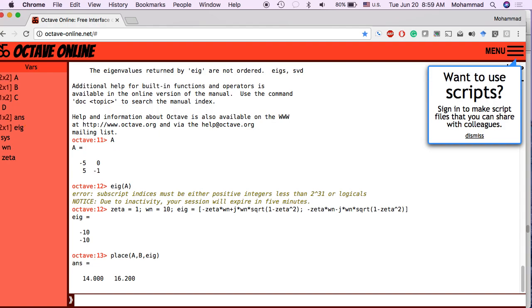And you can see the response is faster. The way you can see it's faster is that the time of simulation is the same 10 seconds, but the change happens much faster, much quicker.